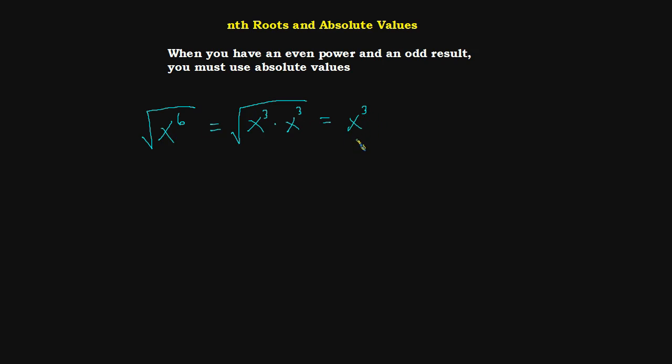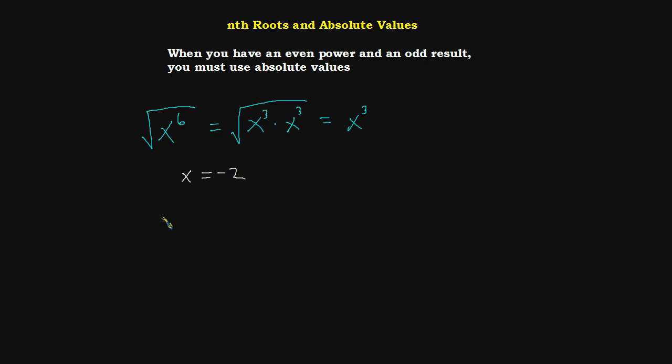Now, it seems like that's a perfectly fine answer. So why don't we just stop right there? Well, let's think about this for a moment. What if we wanted to evaluate this for a particular value of x? Let's say x equals -2.